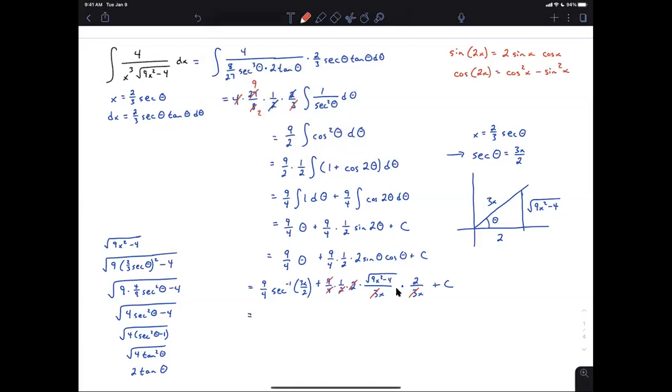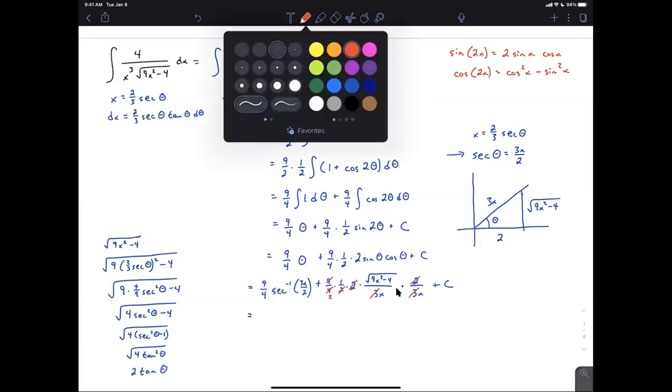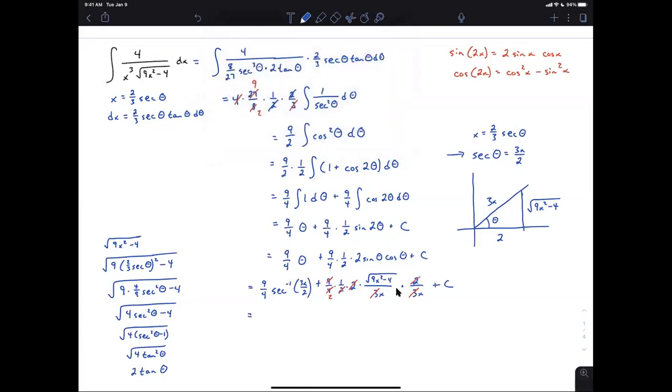And this 4 will cancel with that 2 and become a 2. So when we get the final answer, we get 9/4 inverse secant of 3x over 2 plus the square root of 9x squared minus 4 over 2x squared plus c. And that's the answer.